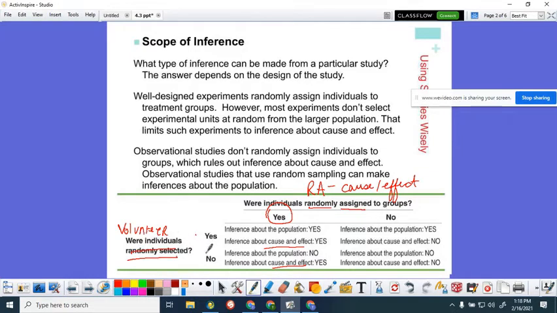So if you're not randomly selected from the population, if you volunteered, then you cannot do inference to the population. Okay, so what this means is the only way that you can infer out to a population is if you randomly select from the population, so not volunteered. Right, so if you randomly select from the population, then you can infer to the population.